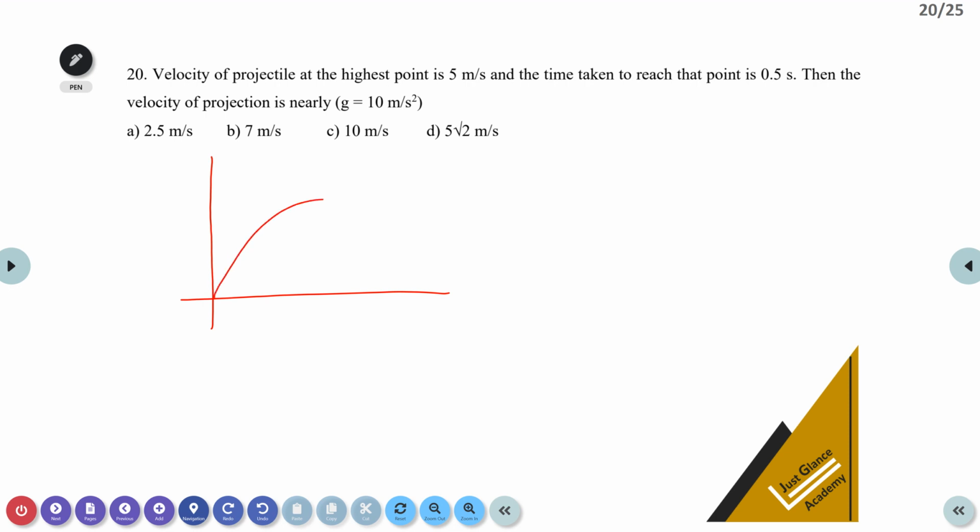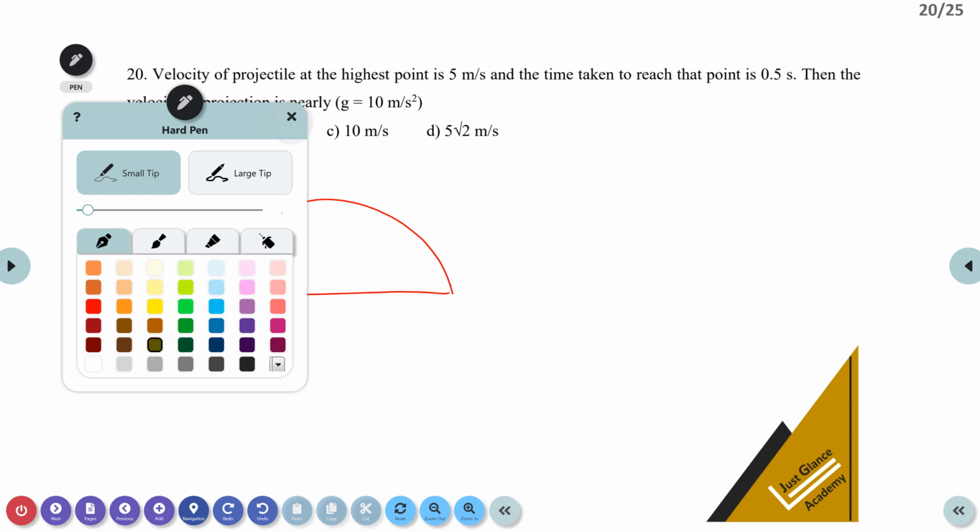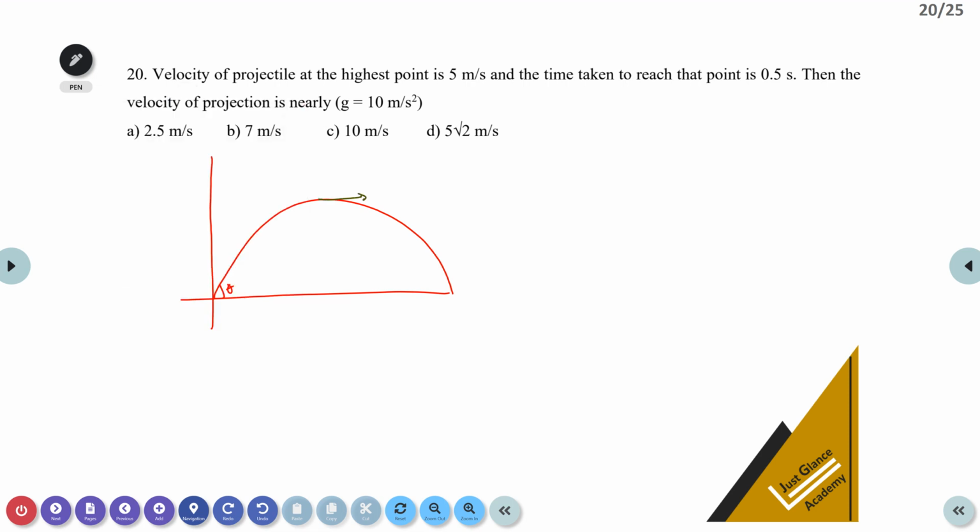Draw this, this is theta. Velocity of projectile at the highest point is 5 meter per second. Remember students, the x component will remain the same. Here also it is 5 meter per second only.